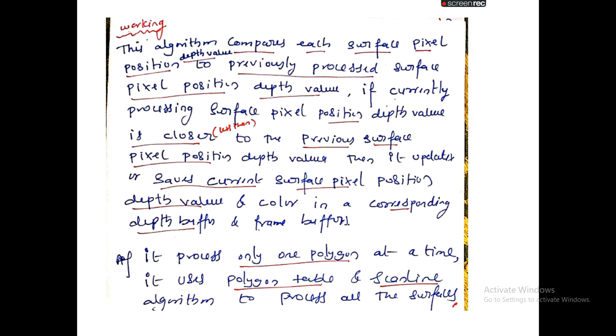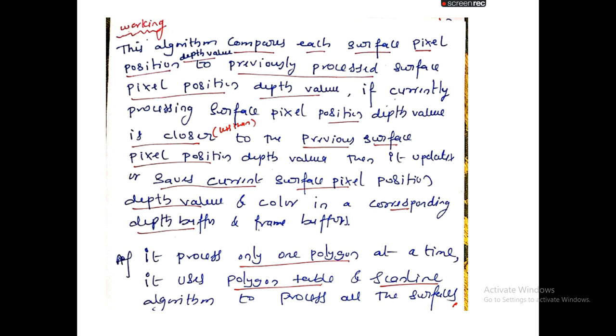The depth buffer will store the distance between the observer and that particular object, or the distance between the projection plane and that particular surface. So this algorithm uses two types of buffers. I am repeating: the first one is called the frame buffer, the second one is called the depth buffer.